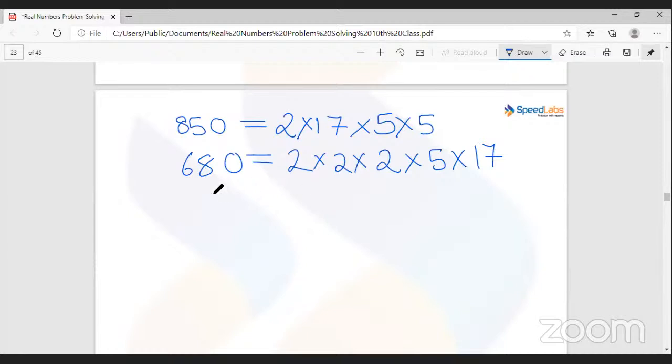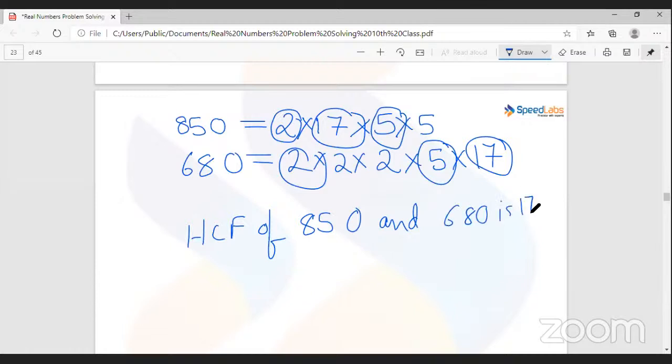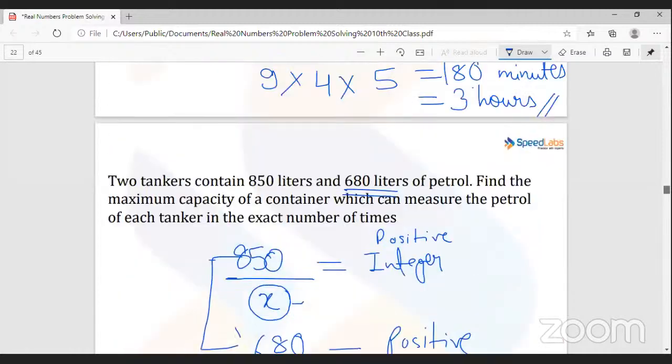So what is the highest common factor here? 170. Okay. So 2 is here, 5 is here, 17 is here. So the HCF of 850 and 680 is 170. So now what was asked in the question?